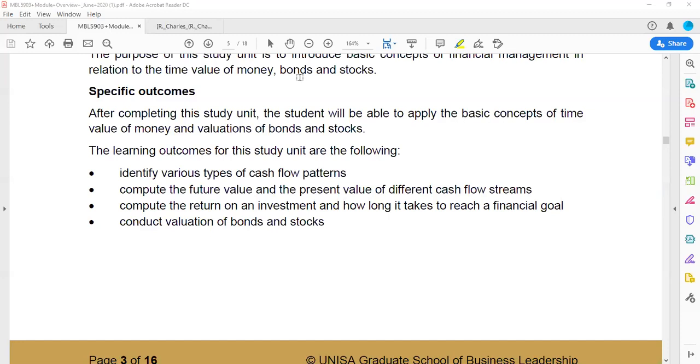Okay, so as part of the online classroom, I'll be using this whiteboard to take you through some of the key concepts you are supposed to know for this module.